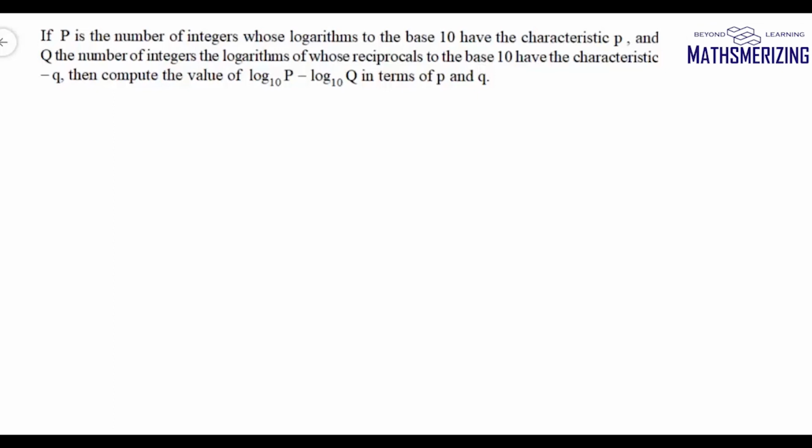Any number whose characteristic is p to the base 10, I can write it as log, suppose the number is n1 and the base is 10, so its value should lie between p and p plus 1. So if I take anti-log, this is 10 to the power p, n1, and this is 10 to the power p plus 1.